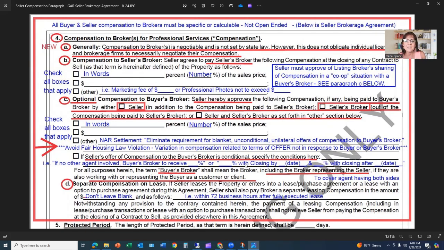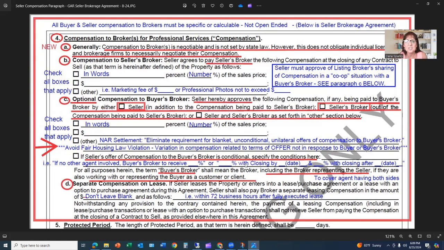There can be a broker and one agent who have both sides of a deal, but working with one party as a client and one party as a customer. For example, one broker, you're the listing agent, you've signed an exclusive seller brokerage agreement with the seller.